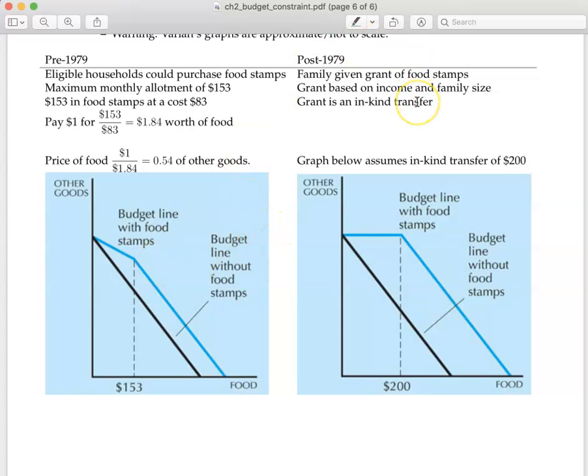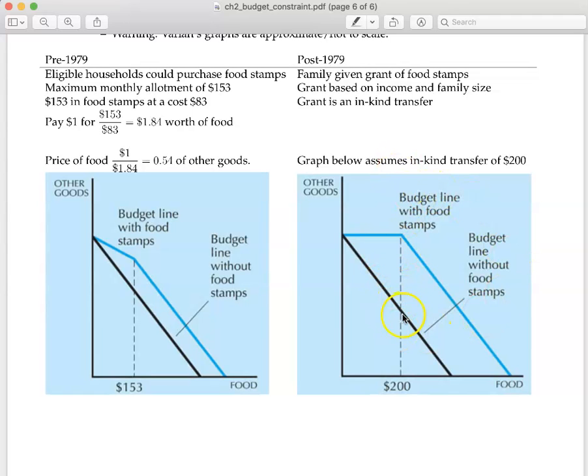After 1979, the situation is different. Families were just given a grant of food stamps. They didn't purchase them. There was just an in-kind transfer of food stamps, based upon income and family size. And the grant is an in-kind transfer. In other words, here are these food stamps you can just use for one product, food. You can't use them for other goods.